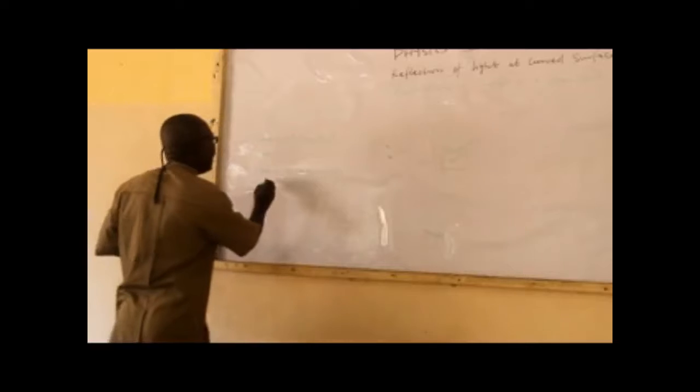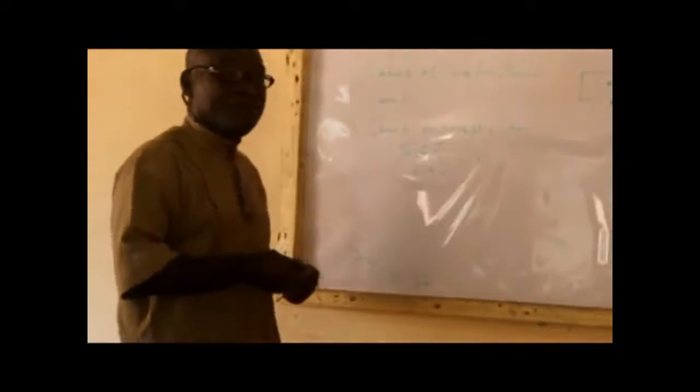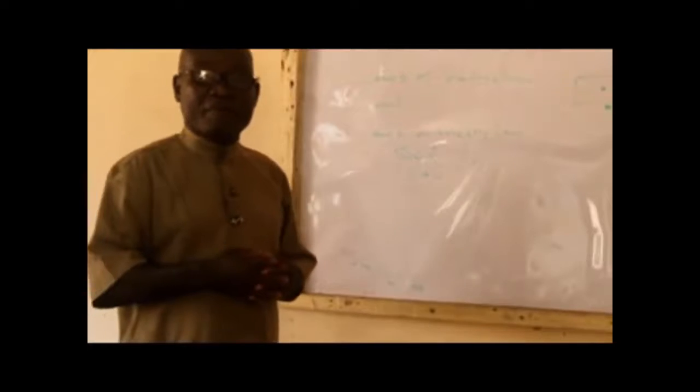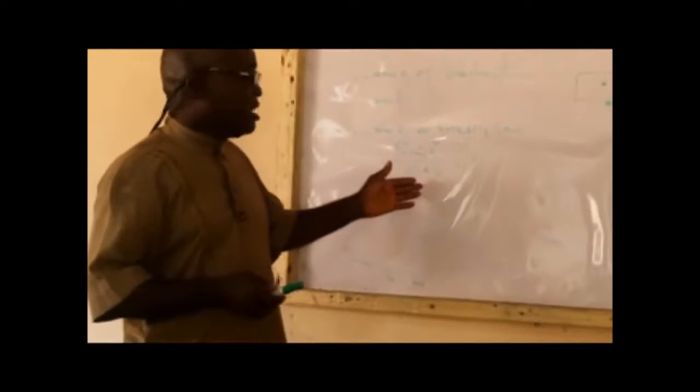Mathematically, sine i over sine r is mu, where mu is the refractive index for a given pair of media. So that is the second law.